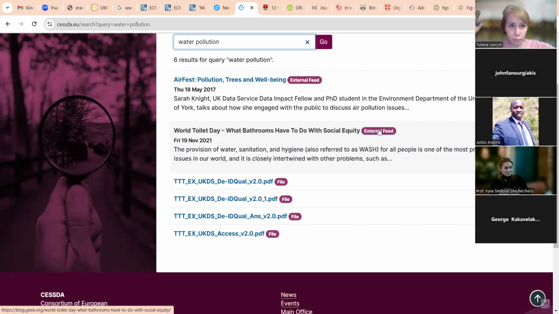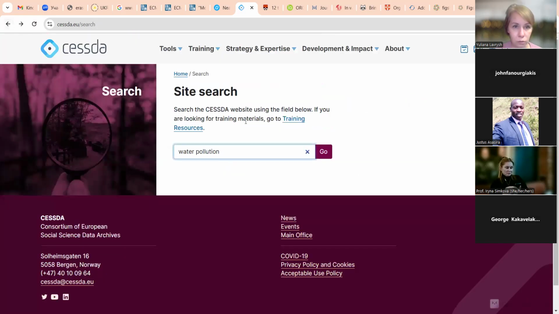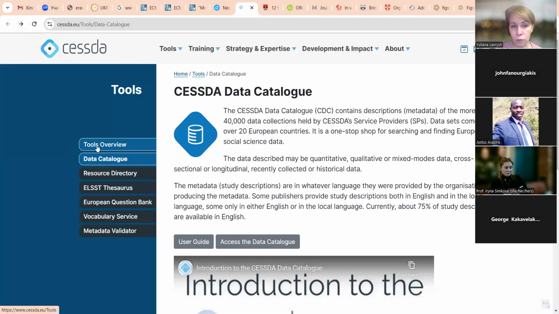I've just put water pollution, a very broad notion, not very specific, but you can find whatever you want. And here are the filters as well, which you can use. What are you searching for? Tools, data, some vocabulary, definitions, terminology, or services, metadata, whatever you want.